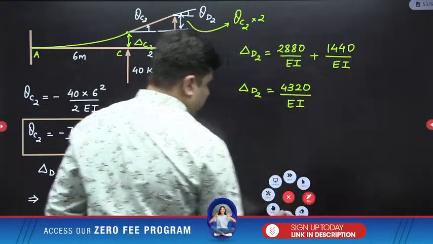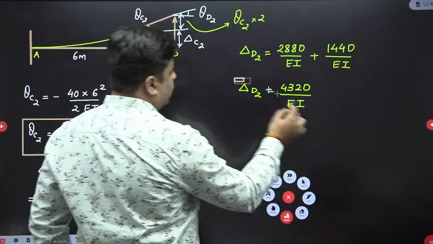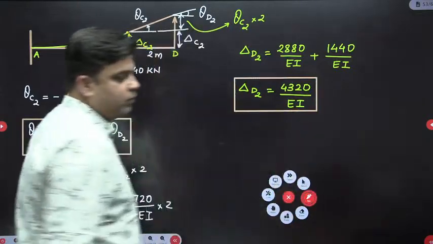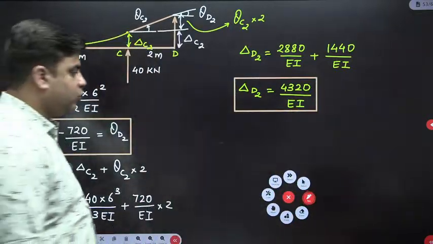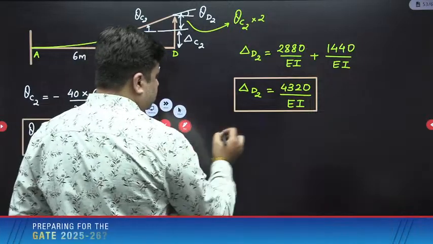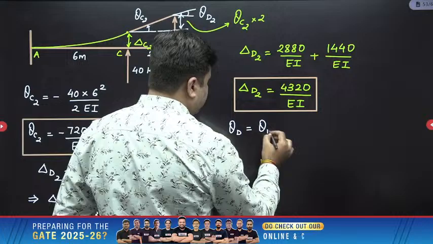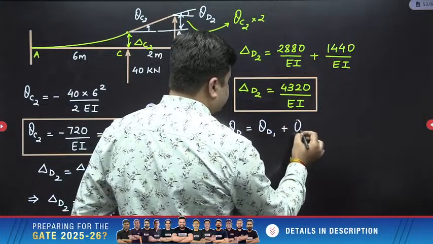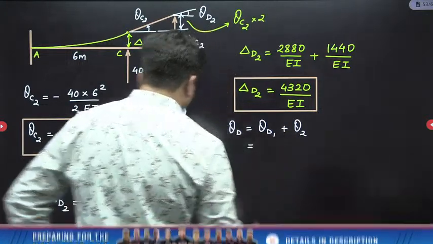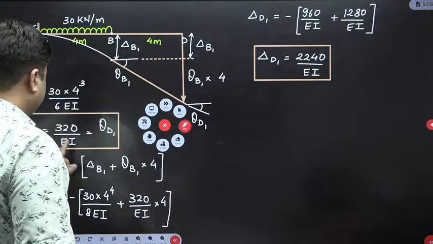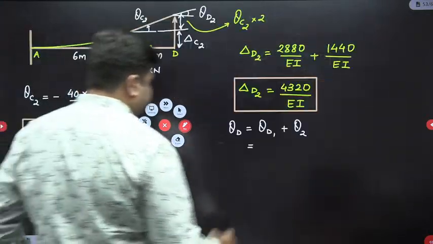Okay. Now once you got the value of delta D2 and theta D2, you can find out the net slope and deflection at D. So theta D is equal to theta D1 plus theta D2. So theta D1 is how much? So theta D1 is 320 upon EI.